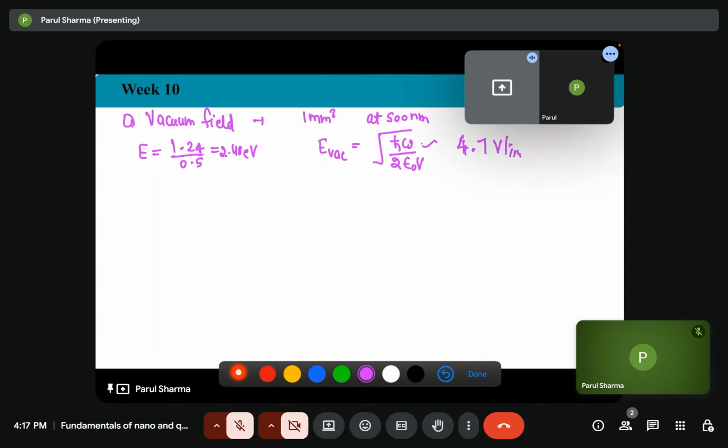Okay, so E vacuum is proportional to 1 by the square root of cavity volume V. Now if we have a 1 micrometer cube cavity volume, that is 10 raised to power minus 18 meter cube.